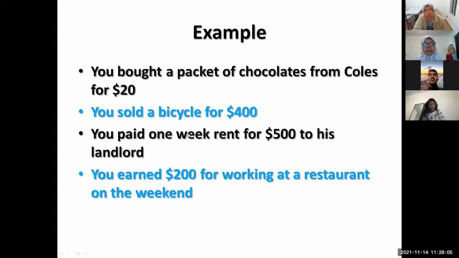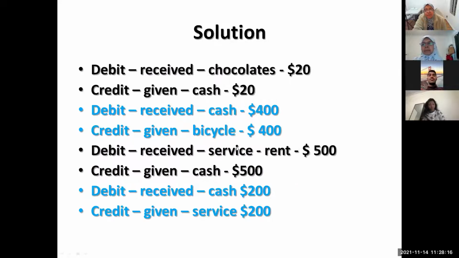Third transaction is you paid 1 week rent for $500 to your landlord. Again, we are receiving some service, which is rent. We are taking the house as rent and we are giving cash. So rent is debited for $500 and cash is credited for $500.